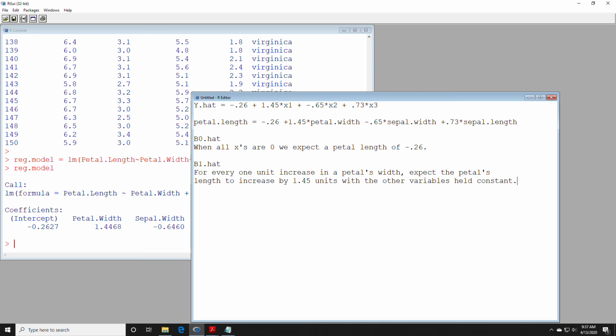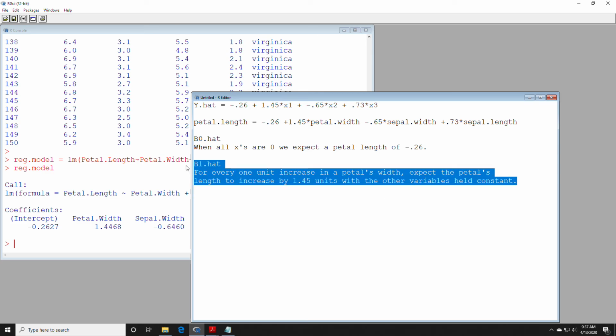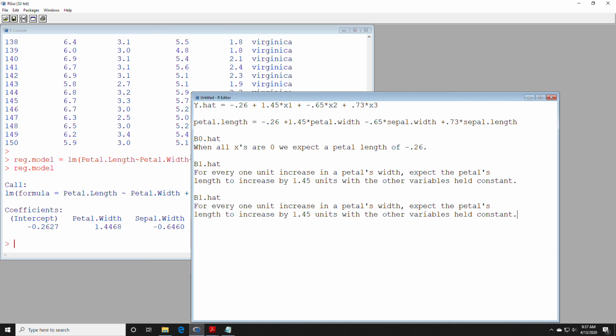Okay, and that's the extra part of the sentence that we need to distinguish the multiple linear regression model. So what it means is if we change petal width by 1, petal length changes by the slope parameter just as it did before, but as long as we're holding these other things constant. We're not varying the sepal width and sepal length at the same time. And it's basically the same thing for the other one.